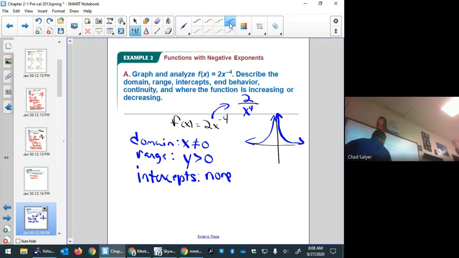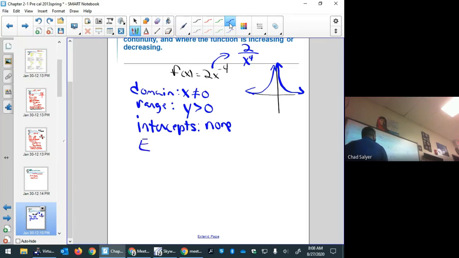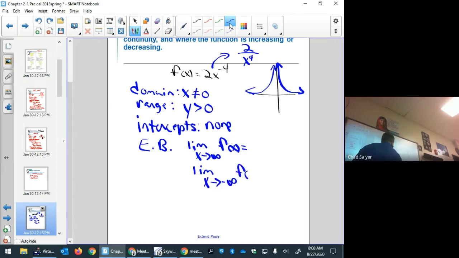In behaviors, it's a little more interesting this time. So the limit as x goes to infinity of f of x and the limit as x goes to negative infinity of f of x, in both cases, ladies and gentlemen, will be 0. It gets closer and closer and closer to 0, never quite getting there.